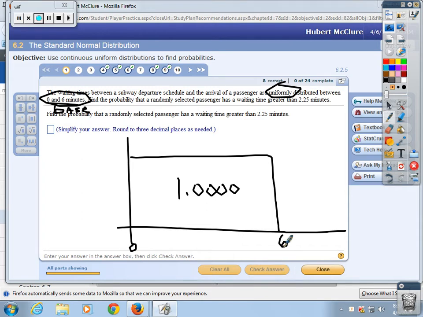So now we have our formula. Base times height is equal to 1. 6 times h is equal to 1. Divide by 6. H is equal to 1/6.